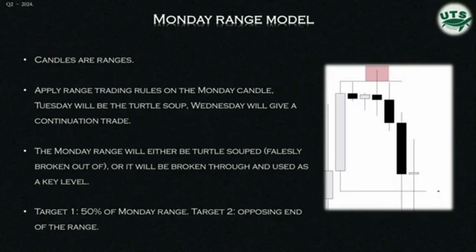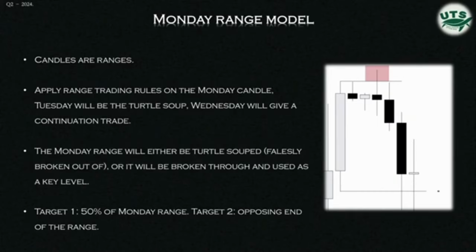So break and retest, basically, right? There is no other state or condition that can happen, right? It's either going to be turtle souped or it's going to be broken out of and reused as a support or resistance level, right? The true support and resistance level is ranges.